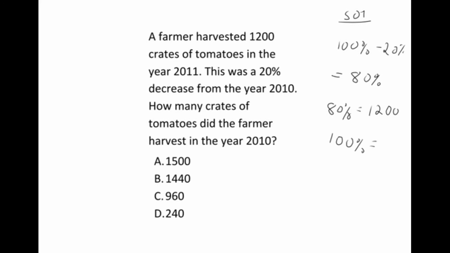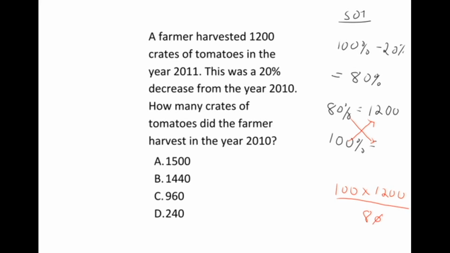From there, we cross multiply. Now, we shall have 100 multiplied by 1,200 divided by 80. Then, from there, we will simplify.